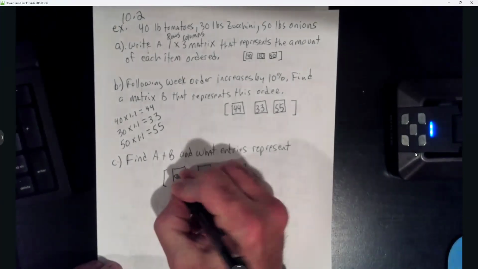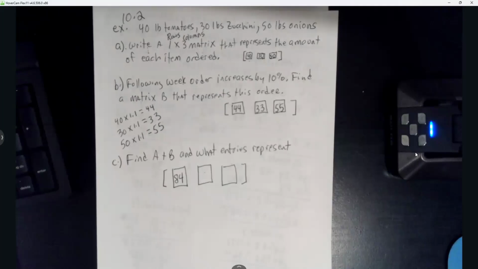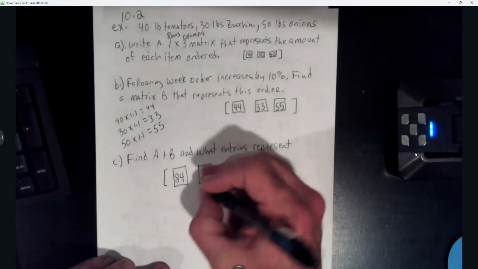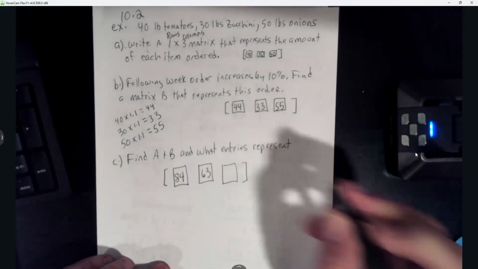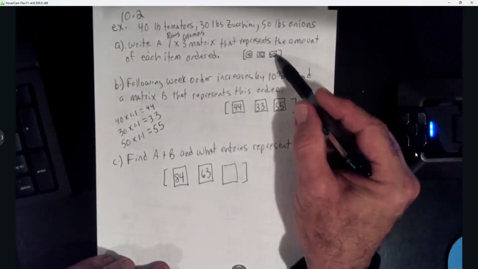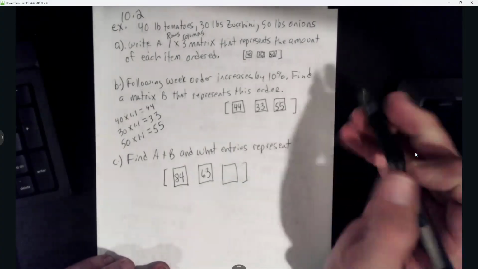84, perfect. All right, get my second box. So 63, there we go. So 30 and 33 gave me 63. And y'all, my last one was what, 50 and 55?